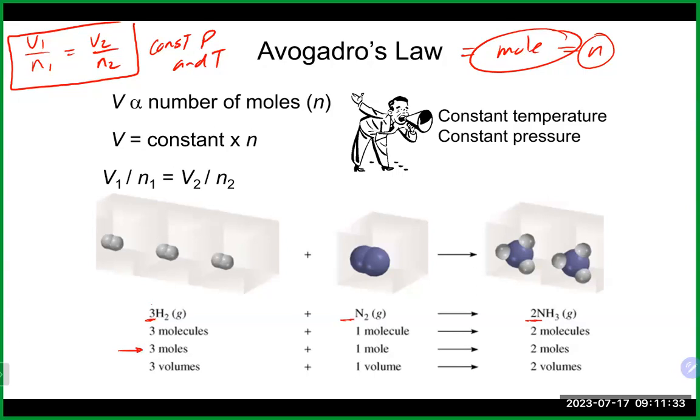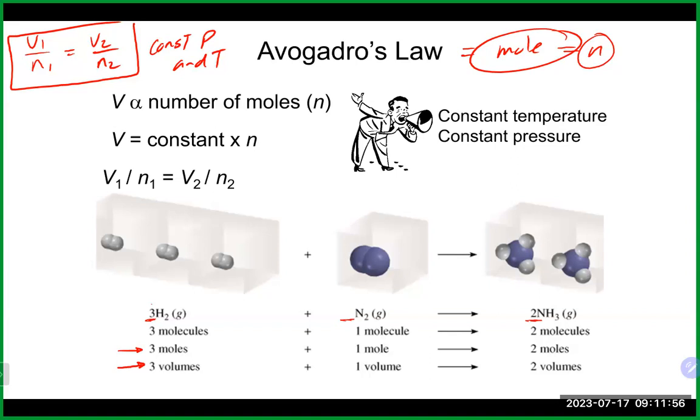If this happened to be under constant pressure and temperature, we could do a volume to volume relationship the exact same way that we could do a mole to mole relationship. We can say there's 3 volumes of hydrogen, 1 volume of nitrogen, and 2 volumes of NH3. We could even use a unit of volume like liters, for example.